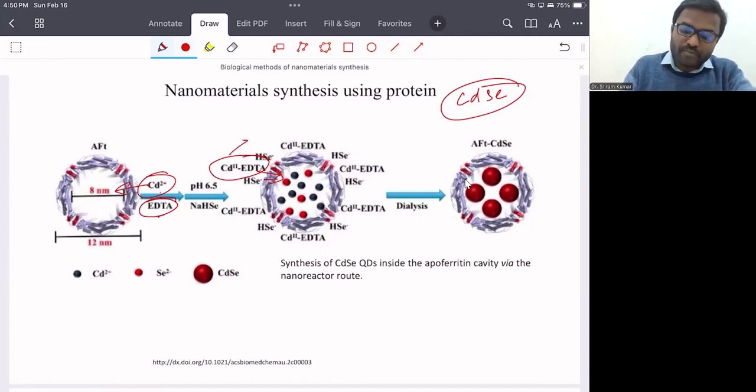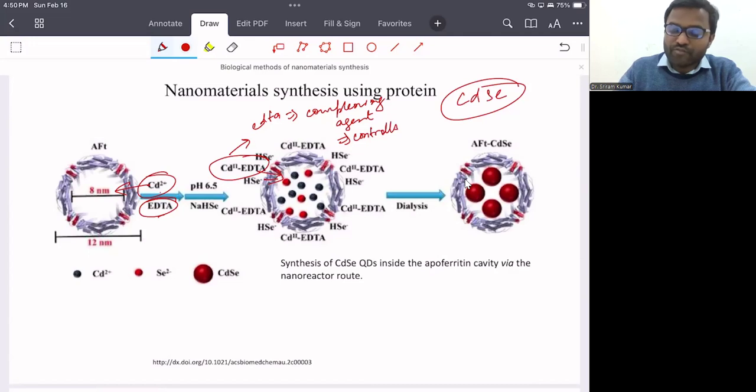So here EDTA acts as the complexing agent. So what happens? It controls the diffusion of cadmium 2 in the cavity.